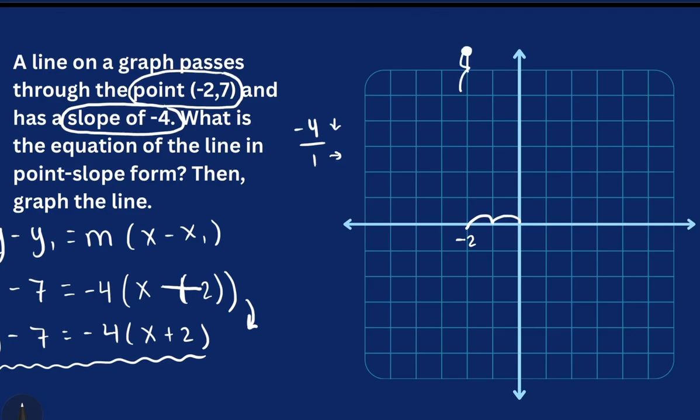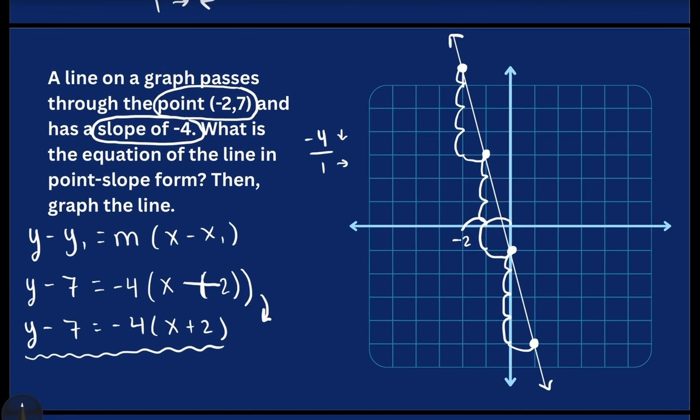I'm going to go 1, 2, 3, 4, and to the right 1. And then I'm going to do 1, 2, 3, 4, to the right 1, and again. And that's it. And now I'm just simply going to connect my points. And that's it. That's my line.